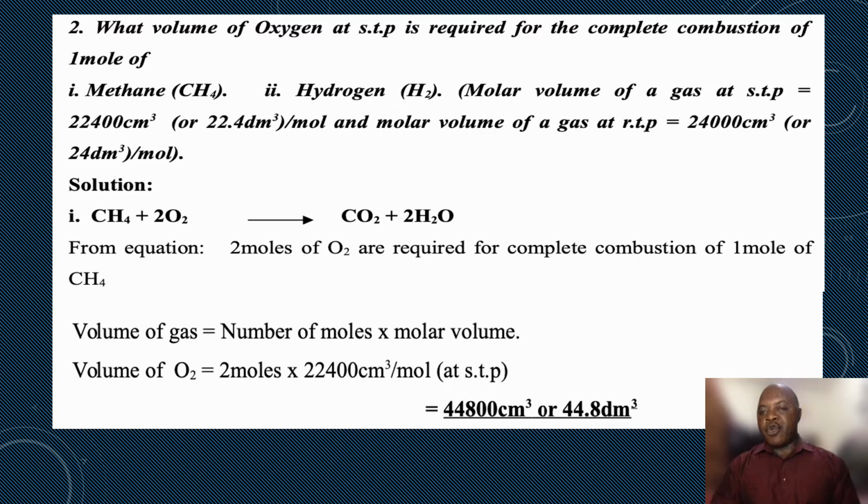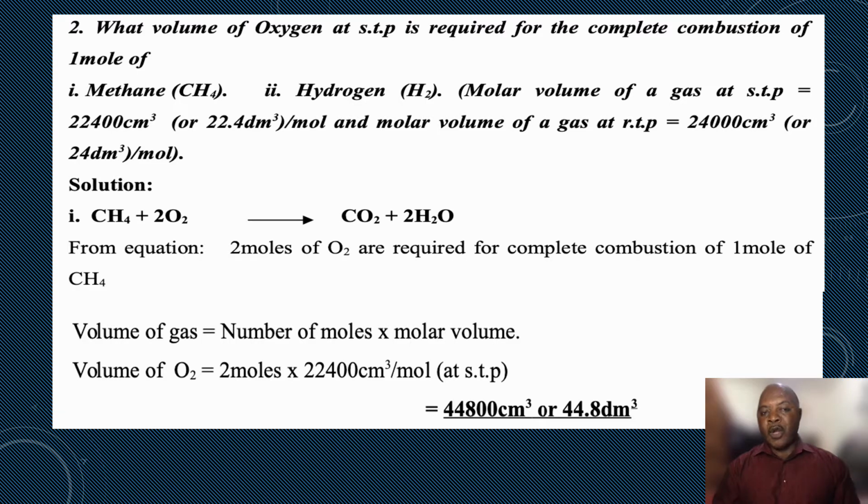The molar volume of a gas at standard temperature and pressure is 22,400, and the molar volume of a gas at room temperature and pressure is 24,000 or 24 dm³. Now we have been asked at standard temperature and pressure.